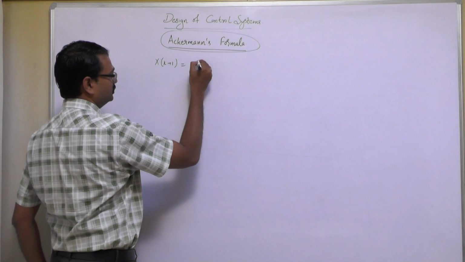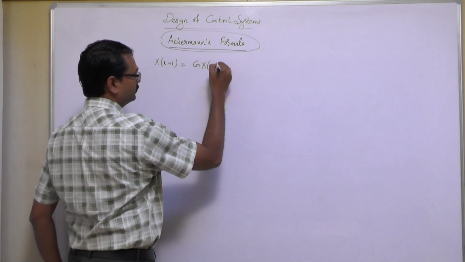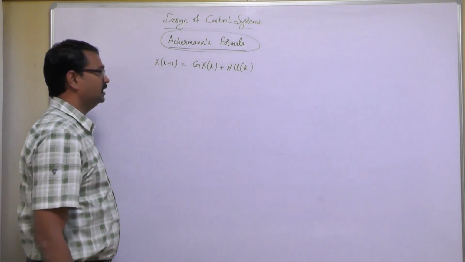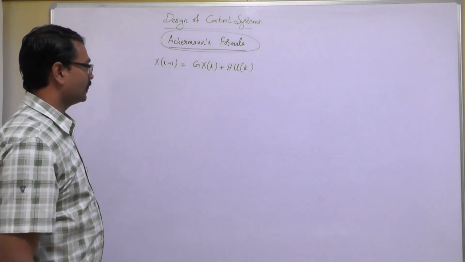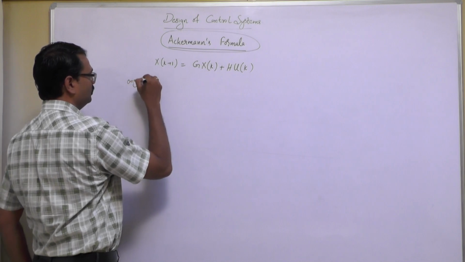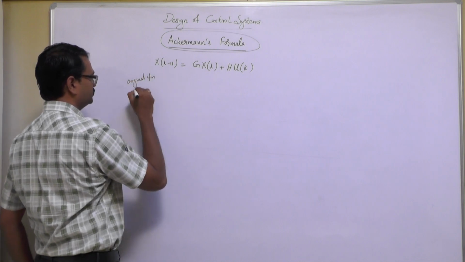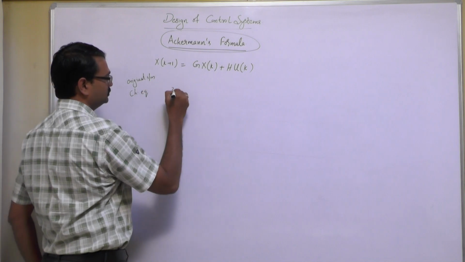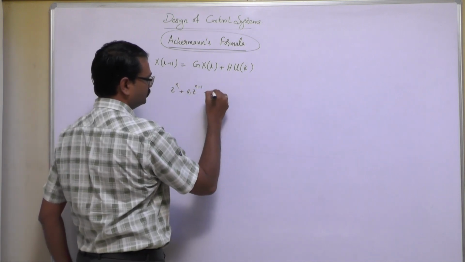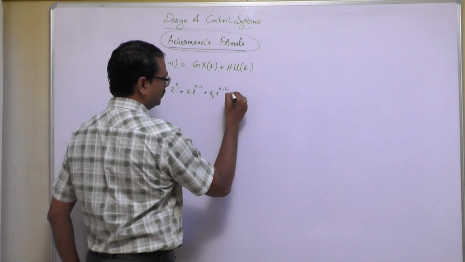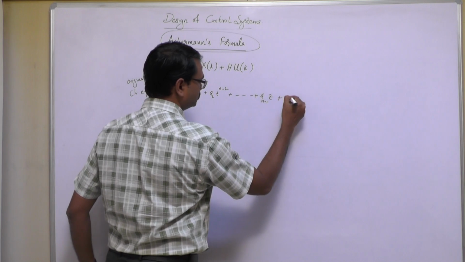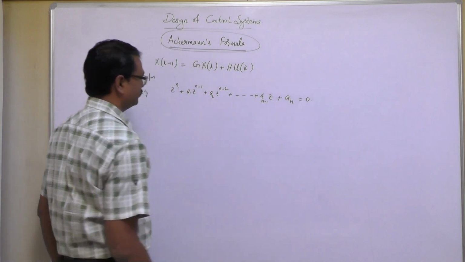X of k plus 1 is equal to G x of k plus H u of k. Now the original system characteristic equation is z power n plus a1 z power n minus 1 plus a2 z power n minus 2 plus so on plus a n minus 1 z plus a n equal to 0.